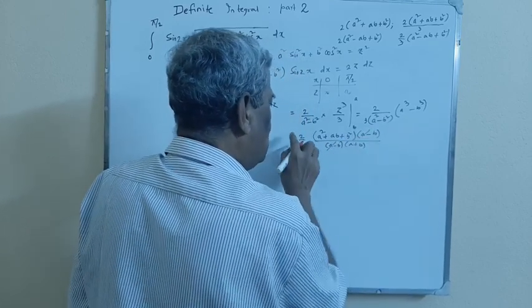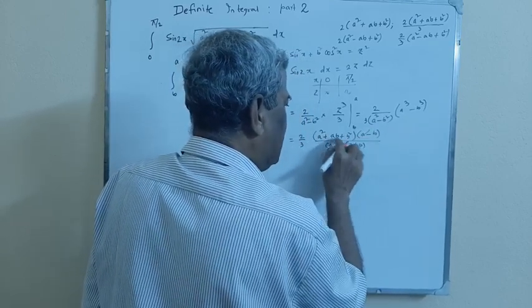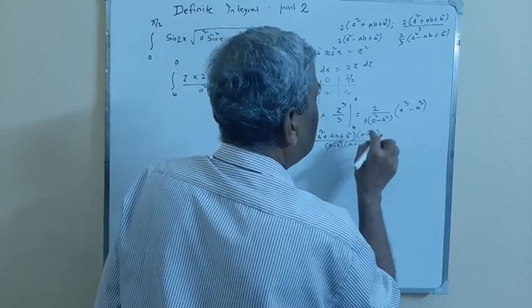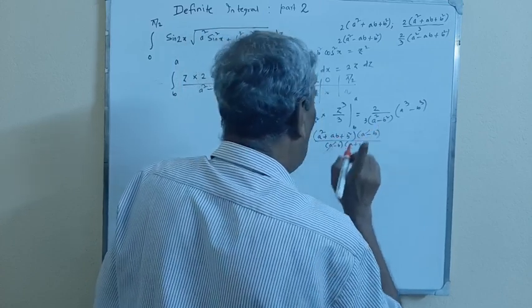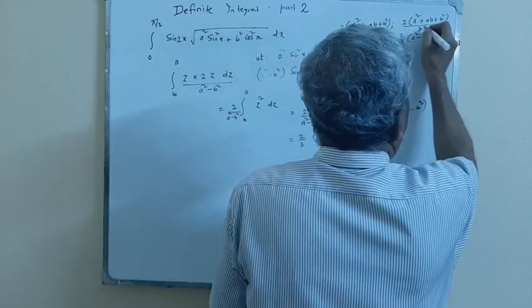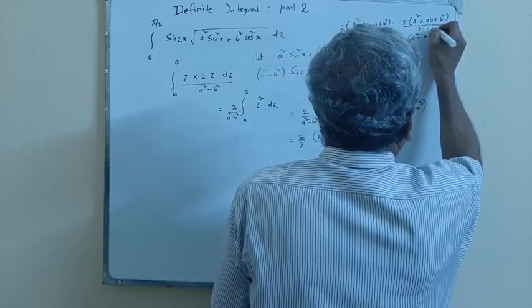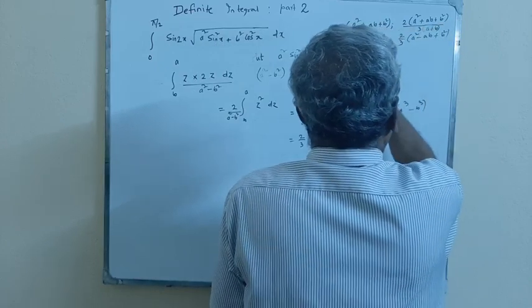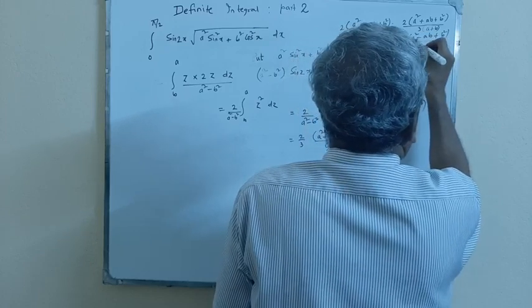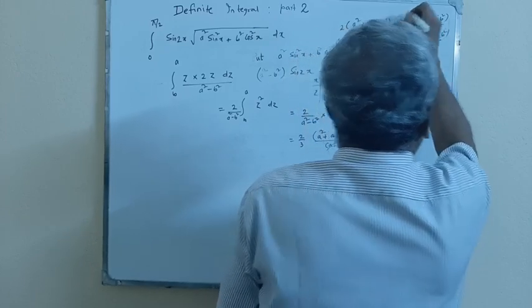So the answer is 2/3 a square plus ab plus b square by a plus b. Actually, that factor a plus b is there, here also a plus b is there. So this is our correct answer.